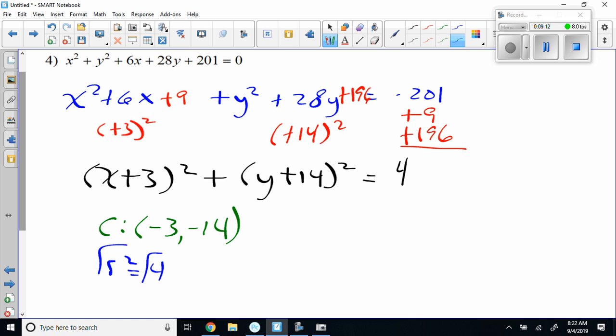So take the square root. r equals what? 2. If you'll do that, maybe that bit of thinking will help you to not put 4 down there or something else.